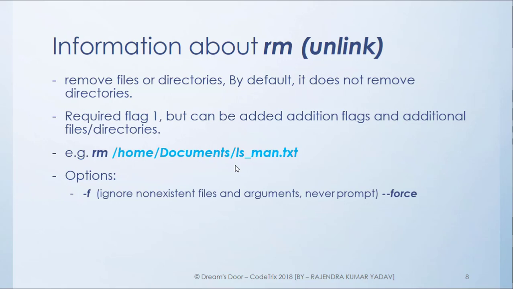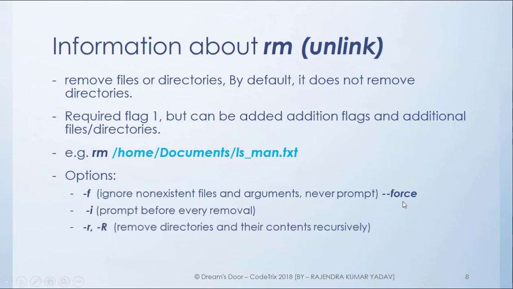Then options: f is used to force, then i is used for interactivity. If you want to remove multiple files, it will ask one by one, like if you want to remove a directory and pass dash i, it will ask you for every file whether you want to remove this, do you want to remove this, and so on.